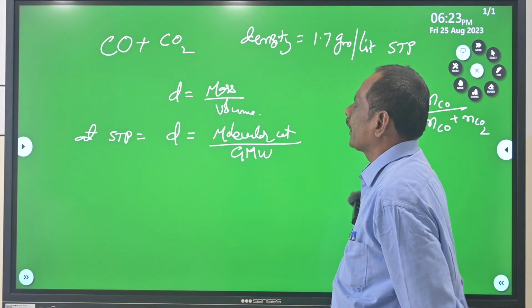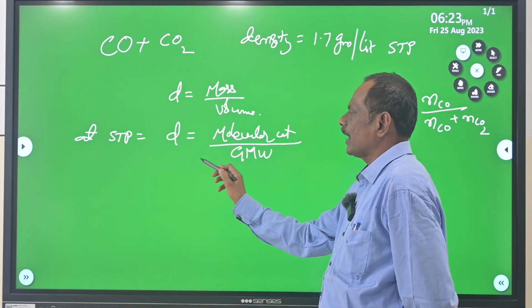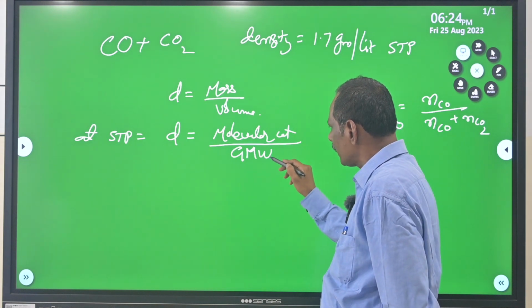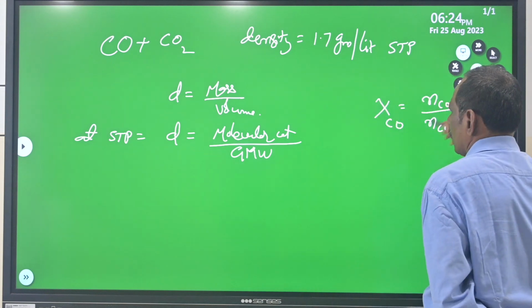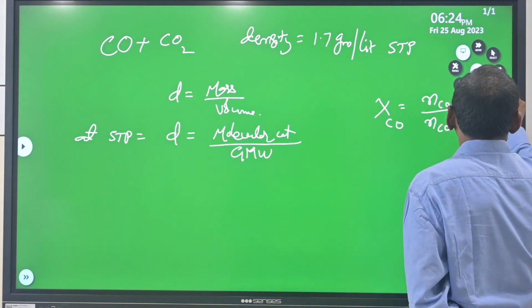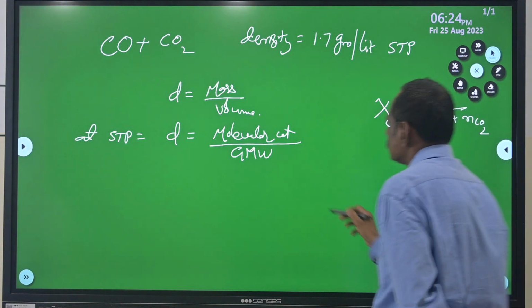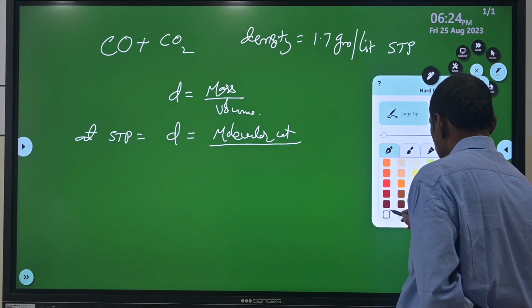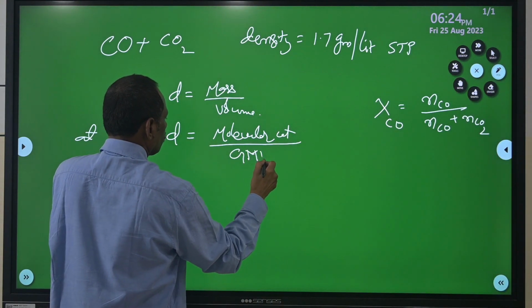But in the case of an ideal gas at STP, the density is the molecular weight by gram molar volume.